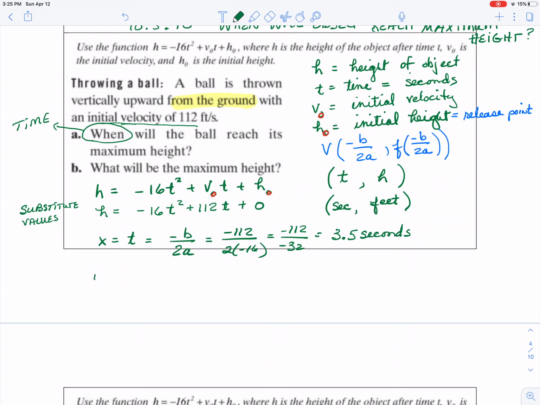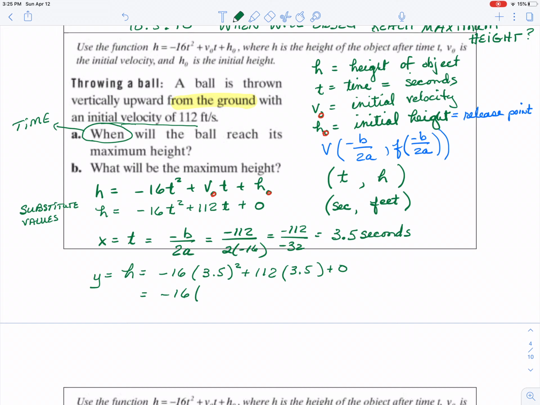And then we're going back and we're looking for y, the y coordinate, which in this example is h. And remember, we just take the original function, we plug in the value that we found for the x-coordinate of the vertex. And let me do a little work here. So this is negative 16. Remember, I have to do the squaring first.